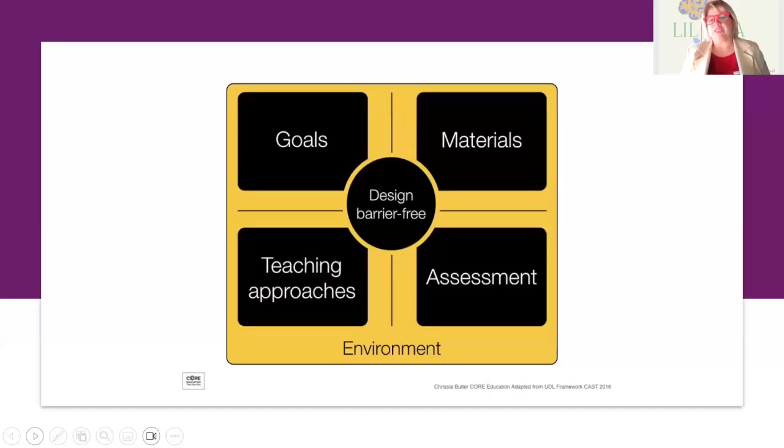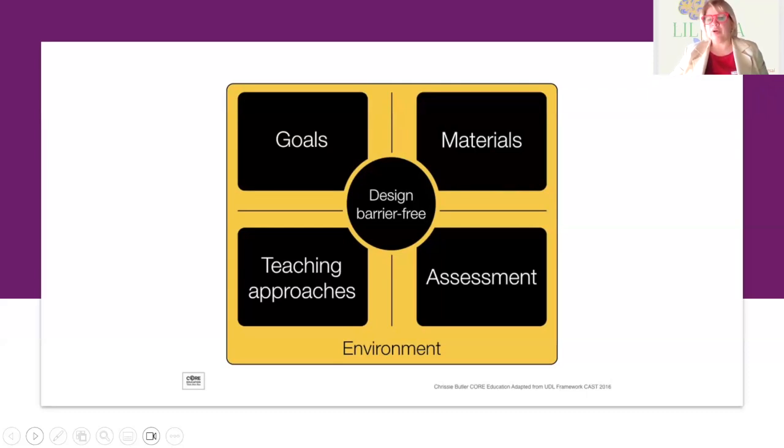So look at here, for example, when we talk about the curriculum, we talk about this. To design, okay, we have a goal. A goal can be, for example, to teach certain tenses.